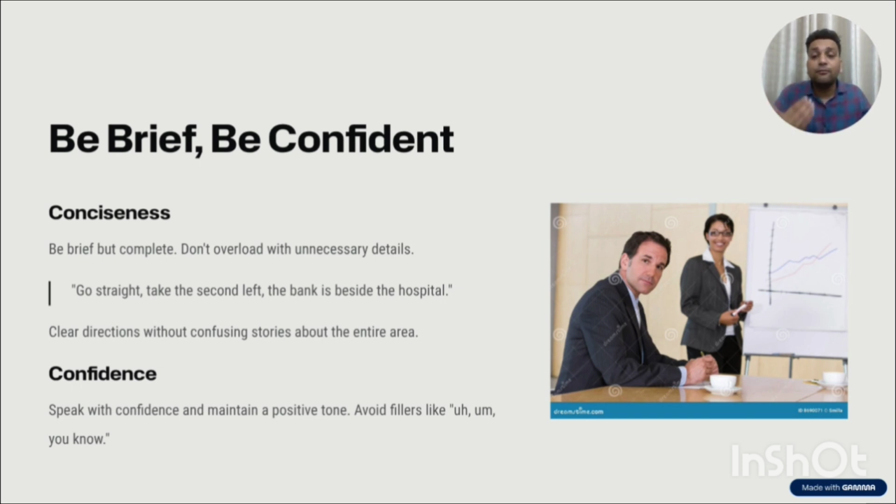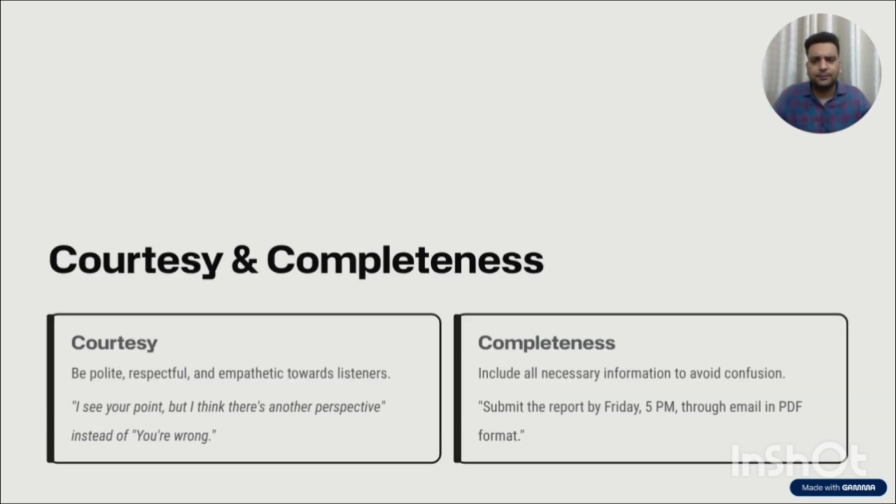Maintain positive body language. Avoid filler sounds like huh, or don't repeat one thing again and again. Don't fumble. Don't hesitate. Otherwise, the other person might not be able to interact with you. So be concise, be precise, be short, and be confident.